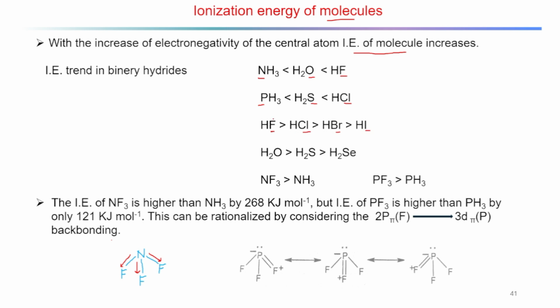Fluorine is the most electronegative element, so HF has higher ionization energy.